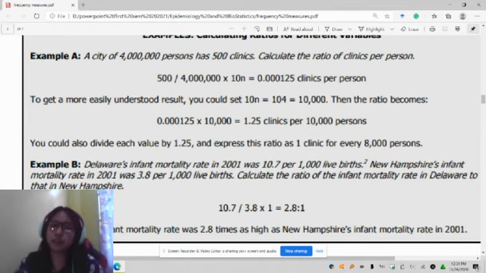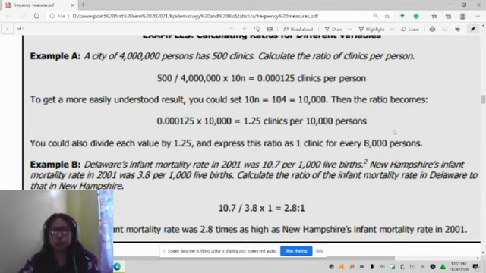It's actually difficult to get a picture of that, so to better understand it, instead of 10 raised to n, you can raise 10 to 4, and that is 10,000. If we multiply 0.0000125 by 10,000, it means it is 1.25 clinics per 10,000 persons.